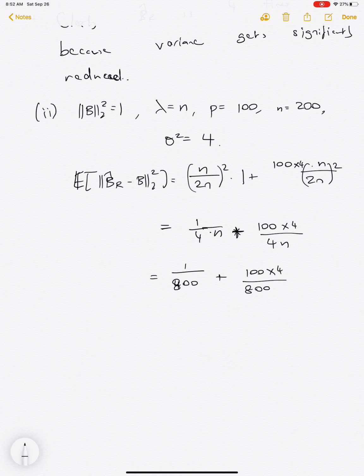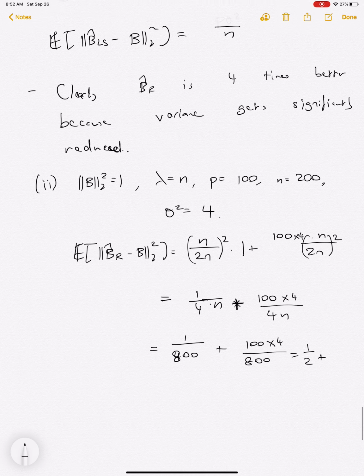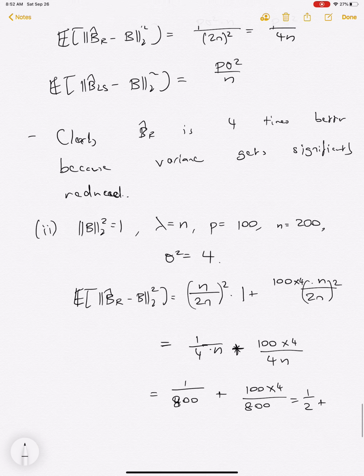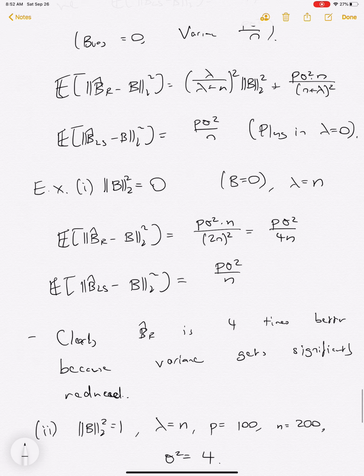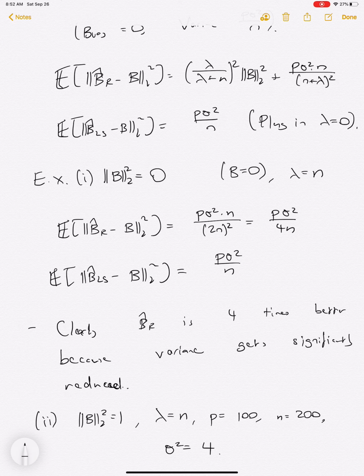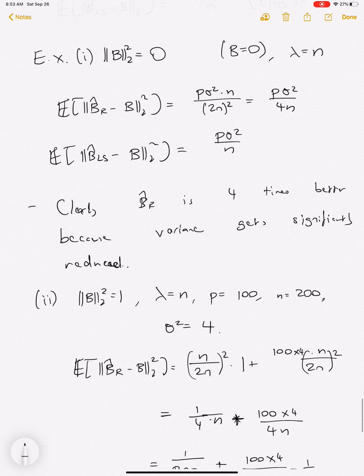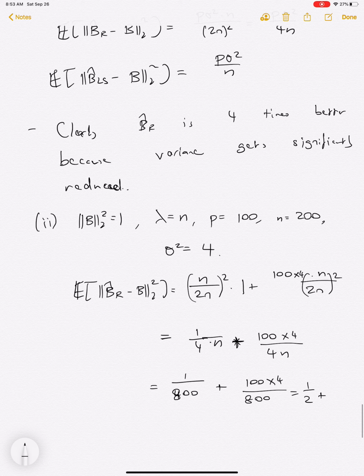I don't know if I've done this all correct, but I hope so. So you should get 1/2 plus, let me see if I've done this correctly. No, that isn't correct.